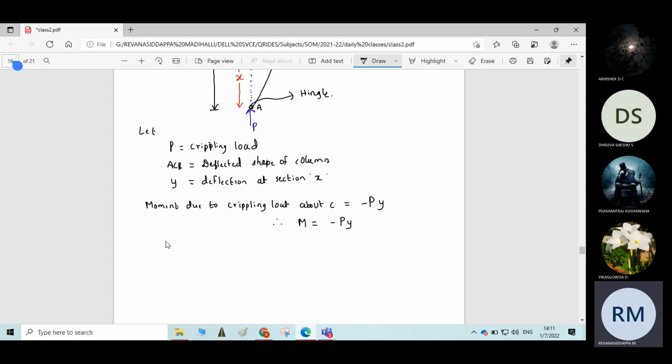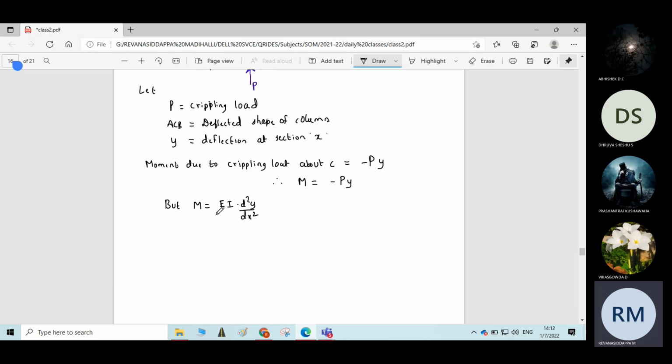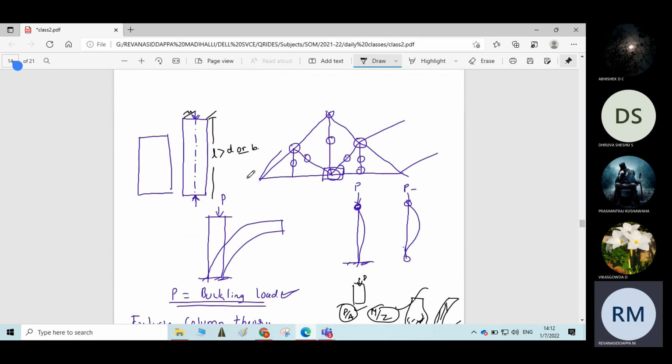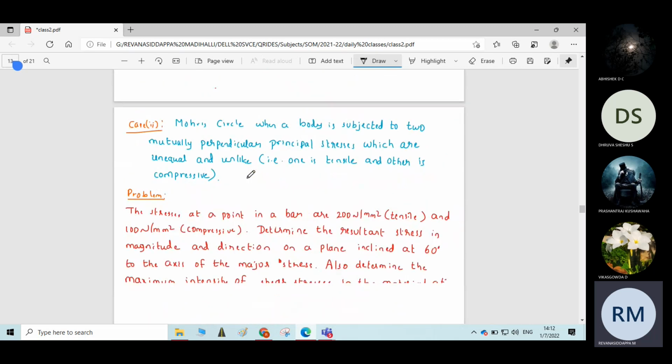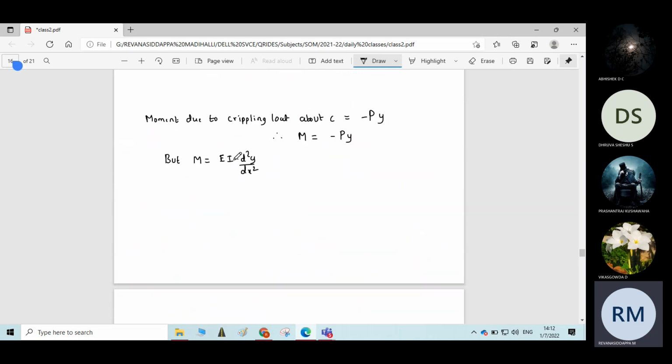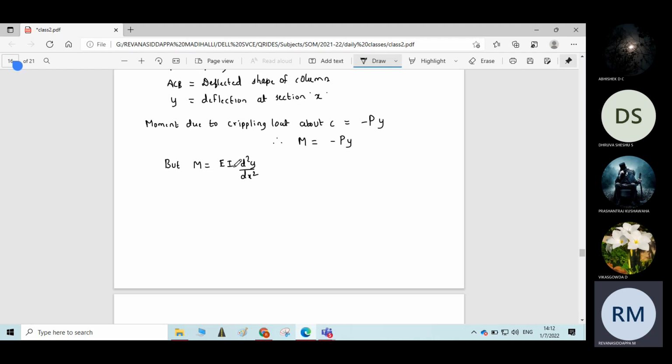Now for moment we have a generalized equation: M is equal to EI into d square y by dx square. This is the generalized equation for moment, where y is the deflection, E is the Young's modulus, and I is the moment of inertia of the column. The derivation of this equation is in the second part of this module, on deflection of beams, where we will study how this equation comes.